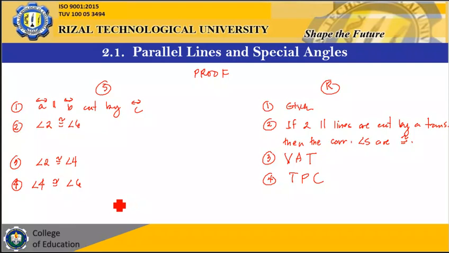And since angle 4 is congruent to angle 6, then we can say that the measure of angle 4 is equal to the measure of angle 6. The reason is the definition of congruent angles.